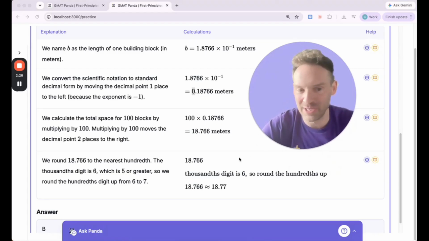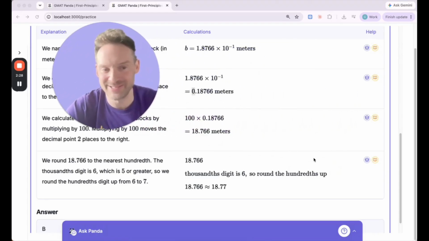Now the last step is to round this number to the nearest hundredth. Okay, so remember, first of all, what is the 100th digit? So it finishes with a TH, it's going to be after the decimal point, so to the right, and it's going to be the second one. So it's going to be the 6 here.